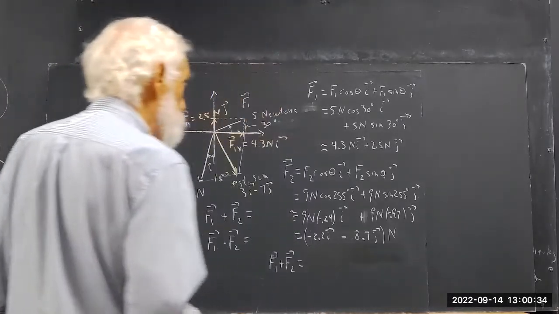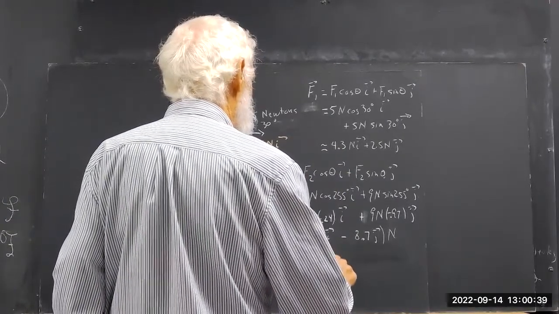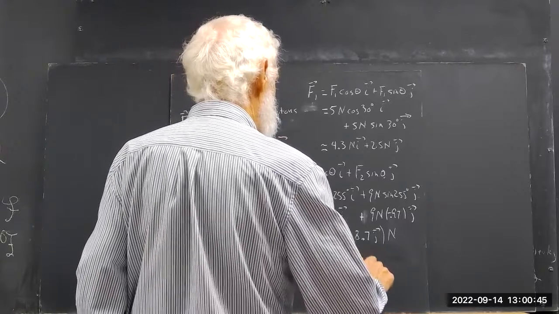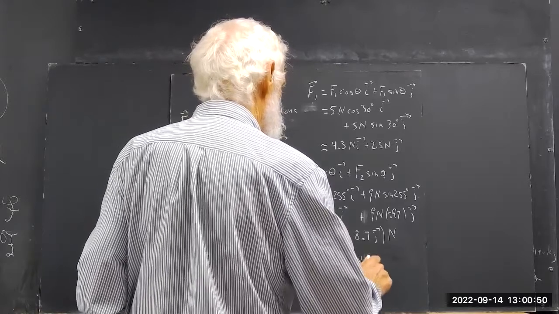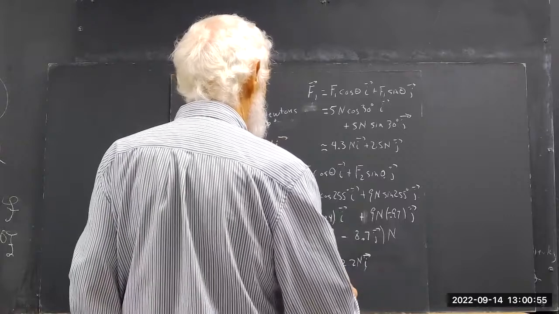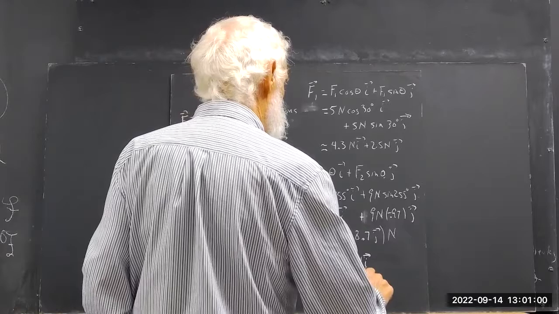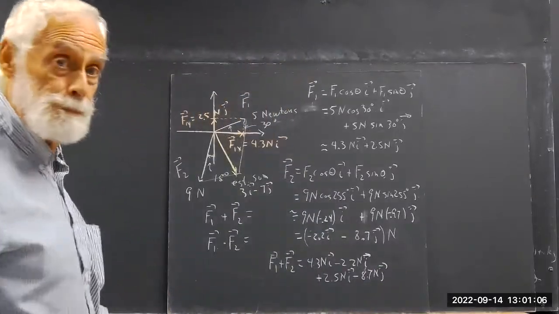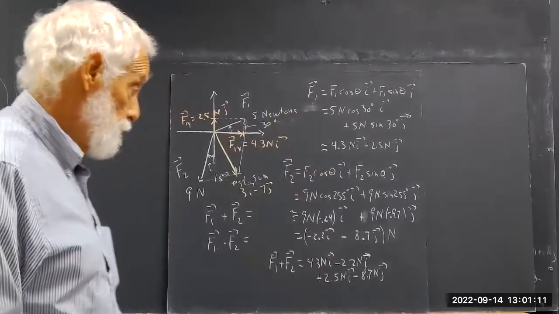Okay, so F1 plus F2. Well, you got your 4.3 newtons times I minus your 2.2 newtons times I plus 2.5 newtons times I minus 8.7 newtons times J. However you want to line that up, whatever number of steps you want.